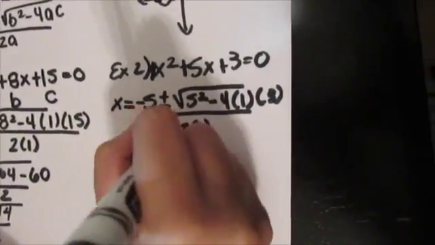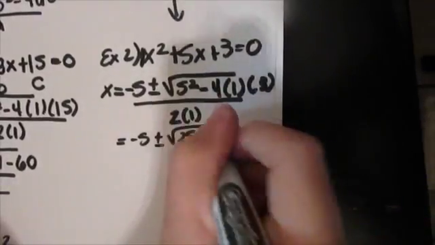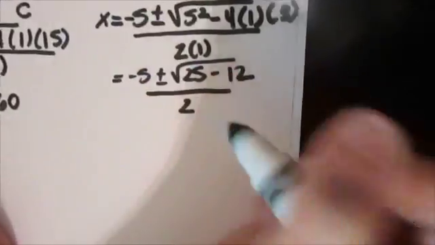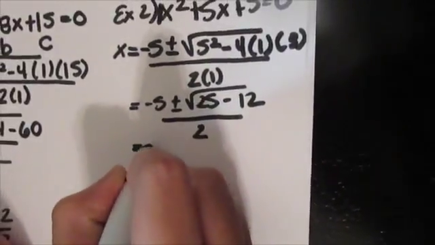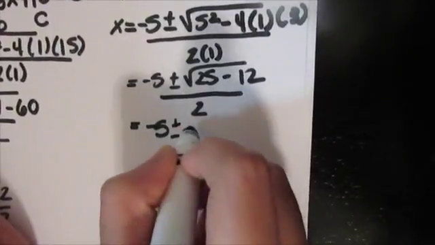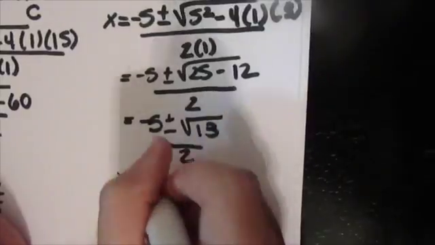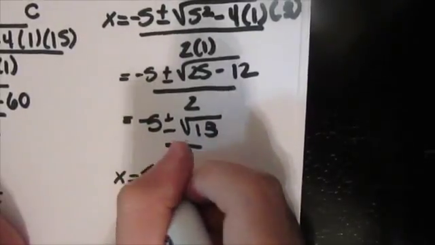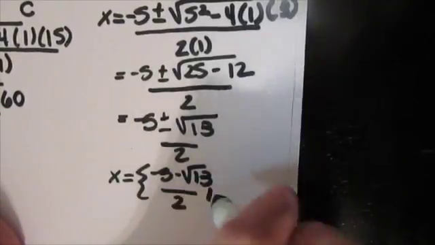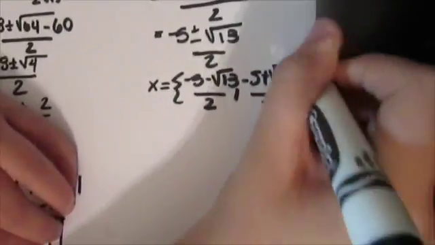This equals negative 5 plus minus the square root of 25 minus 4 times 1 times 3, which is 12, over 2. This would equal negative 5 plus minus the square root of 13, over 2. Our final answer would be x equals the set of negative 5 minus the square root of 13 over 2 and negative 5 plus the square root of 13 over 2.